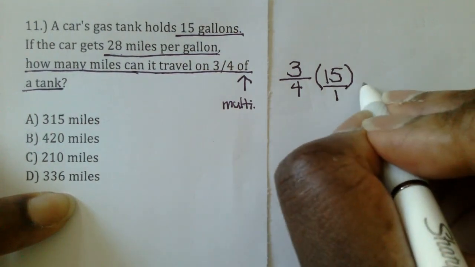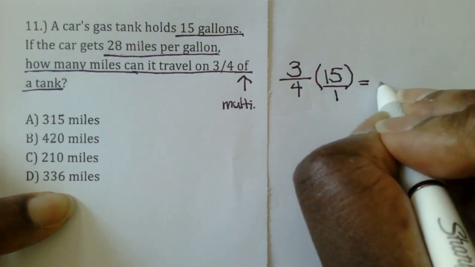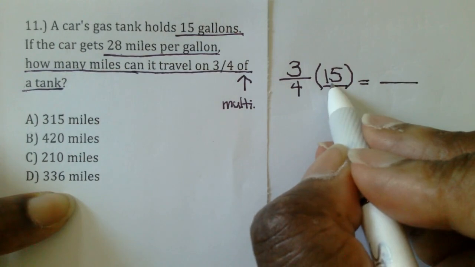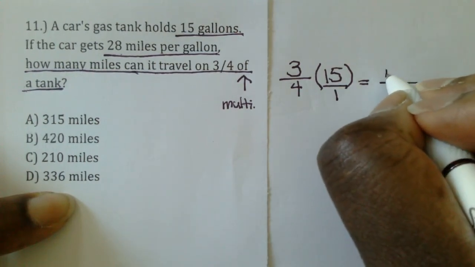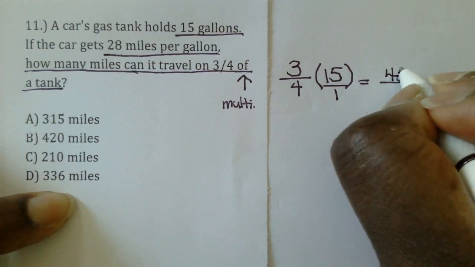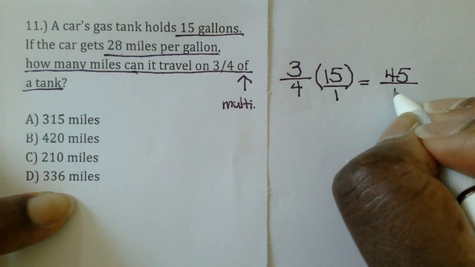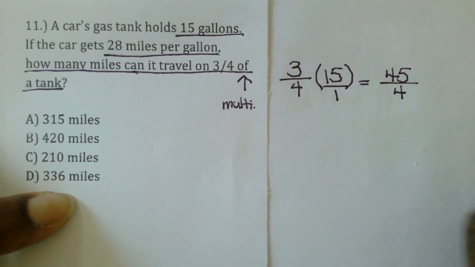So now what I do is I multiply straight across. So 3 times 15, that'll give me 45. And 4 times 1, that'll give me 4. Now, the reason why I do a lot of stuff by hand instead of a calculator, because people, if you're taking the ASVAB or the Accuplacer, you can't use a calculator.